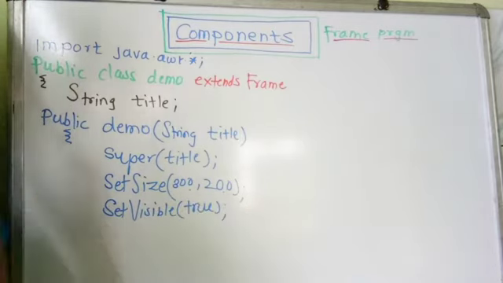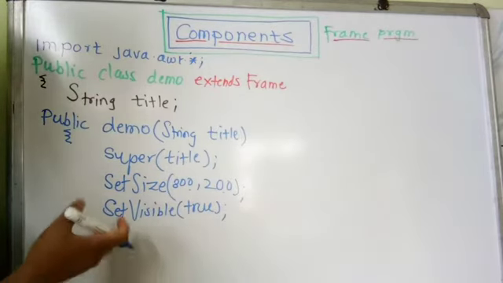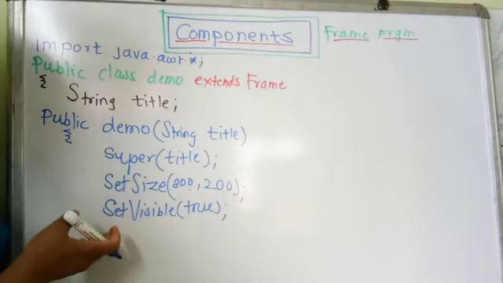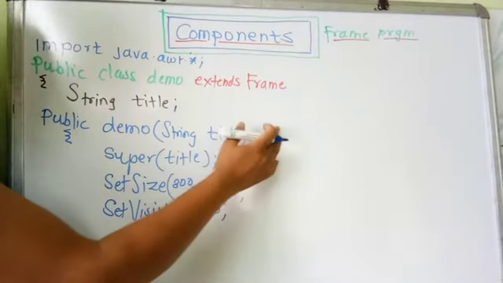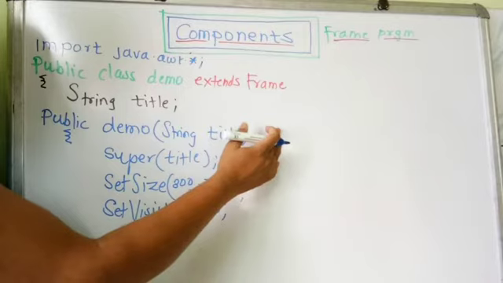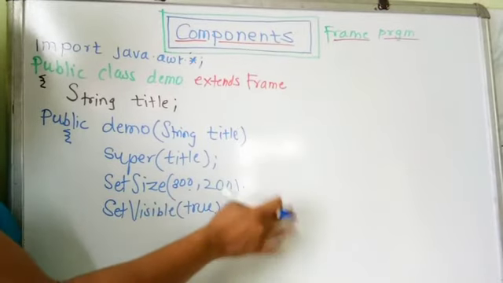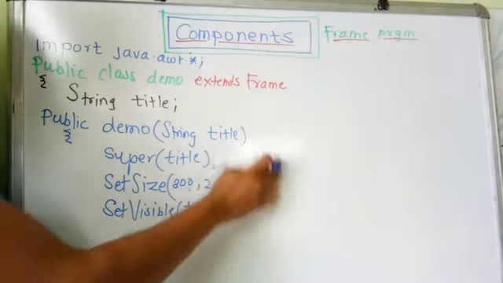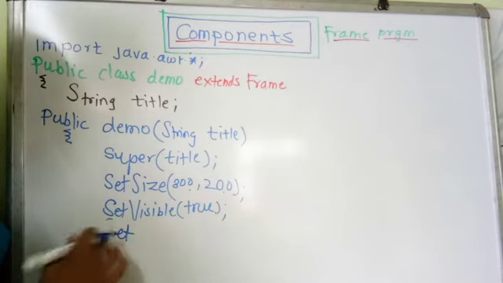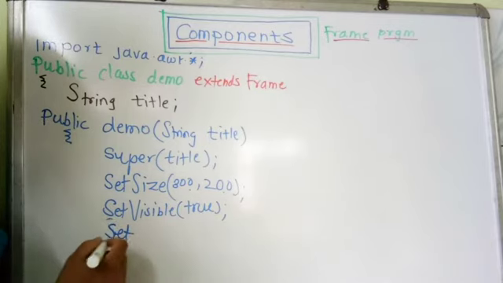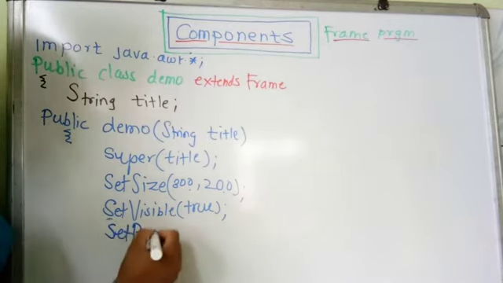Now there is one mechanism available with this frame, that is, you can set the background. Suppose it is a white color background, but you want it to be green, red, black, yellow, blue, whatever you want. It will be done with the help of the setBackground method. setBackground has the S small and Background having the B capital.